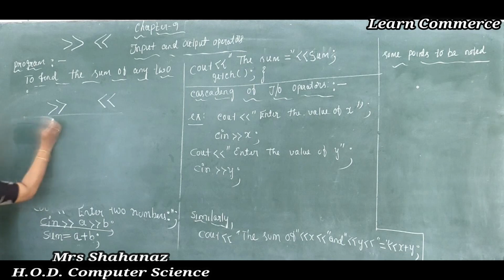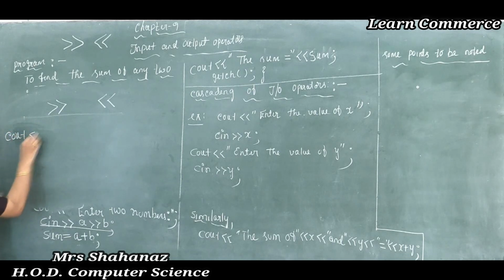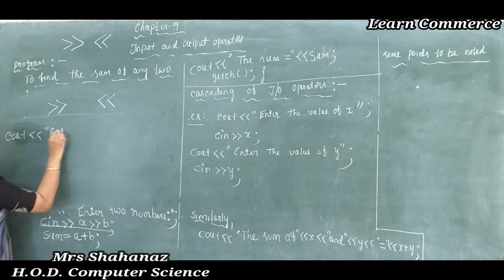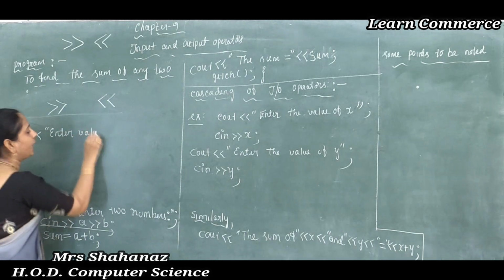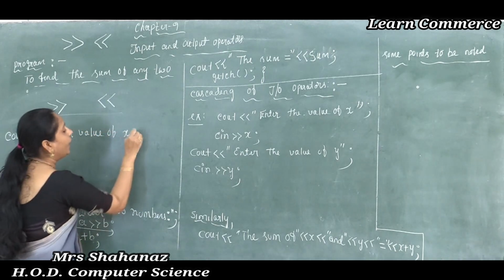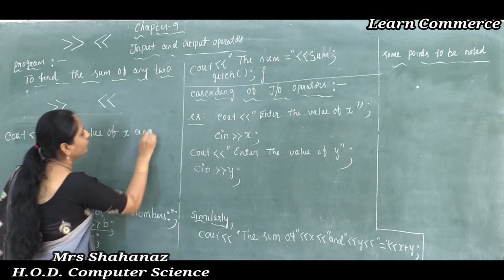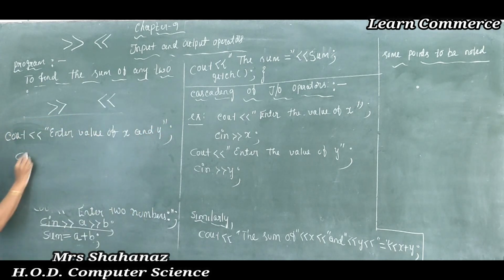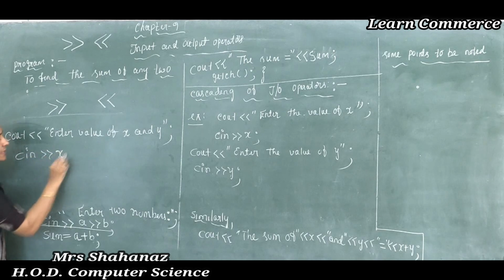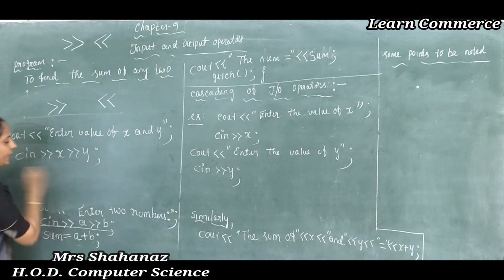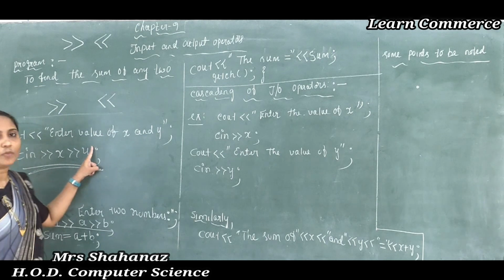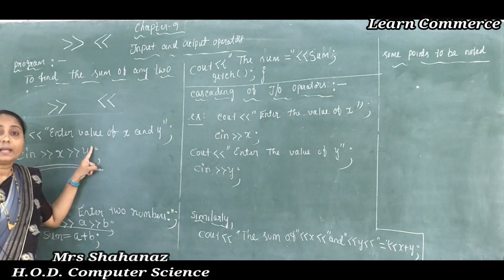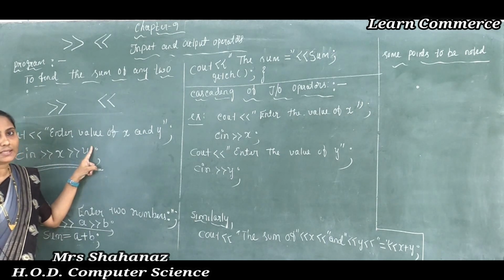Just write cout, then open the double quotation, enter the value of x and y, together here, then close the double quotation, semicolon, cin, and x as well as y, correct? So this type of writing is called the cascading of input operators here.